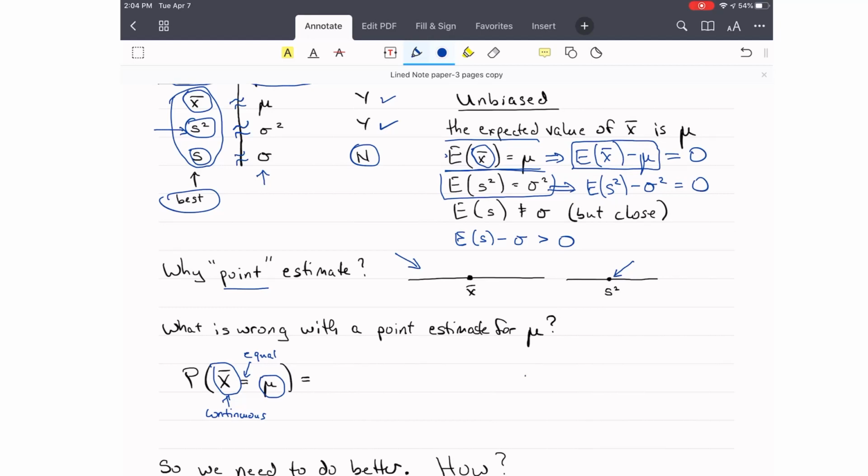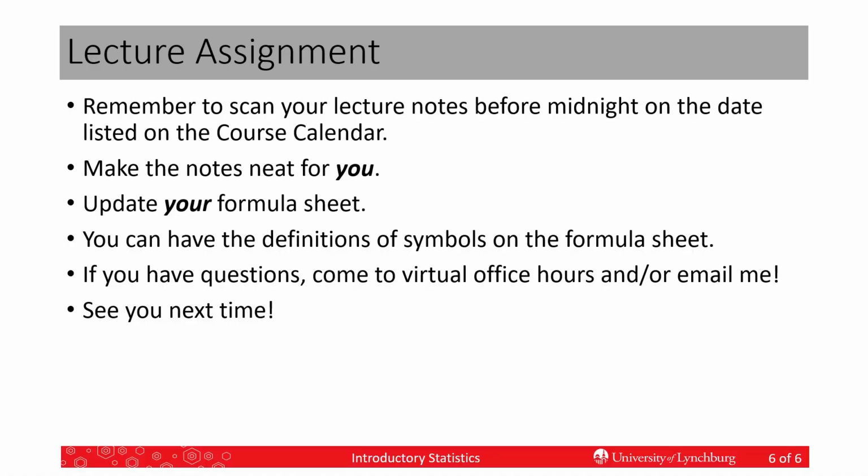Another way of asking this is, on the test I said, what's the probability that Z is equal to some value A? And most of you answered correctly and said this is equal to 0 because there is no area. It's just a line. This is the same answer. The probability that X bar is actually equal to mu is 0.